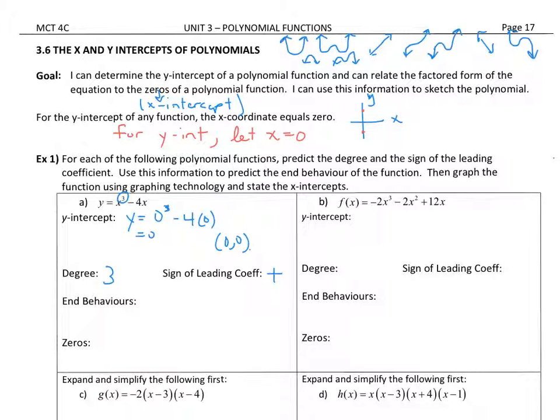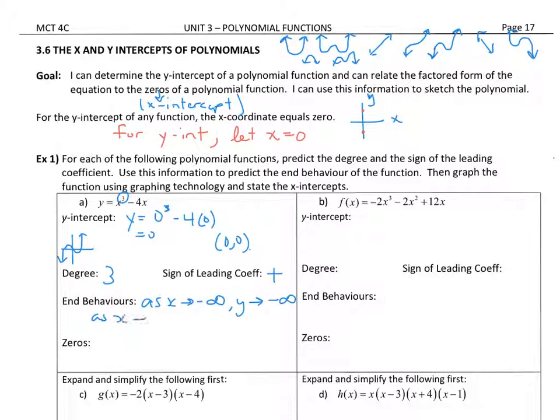So if you put that into your Desmos, you're going to find that that graph is going to look something like that. Okay, and our end behaviors are as x approaches negative infinity, our y is going to negative infinity. So it's the same sign on the end behaviors at that point.